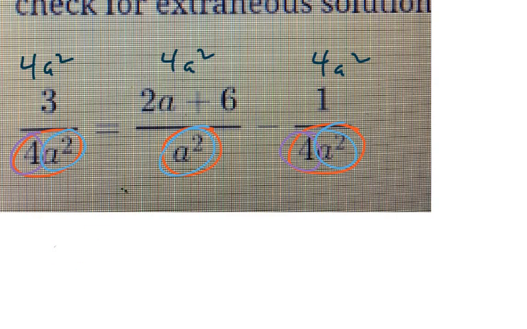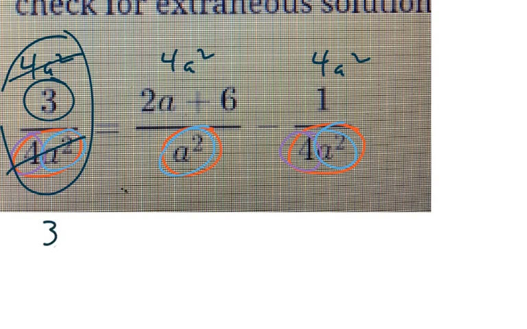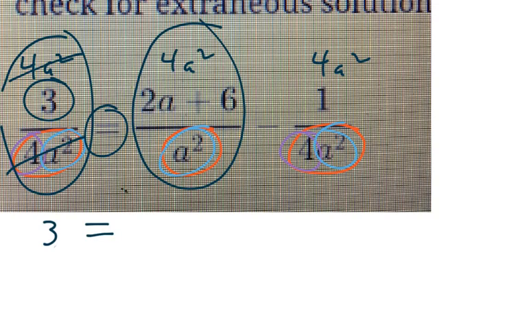Okay, let's see what happens here. If you look at the first expression, what's cool is 4a squared cancels out with 4a squared, and all I'm left with is 3 equals. In the middle or second expression, the a squareds cancel out, and I'm left with 4 times 2a plus 6.